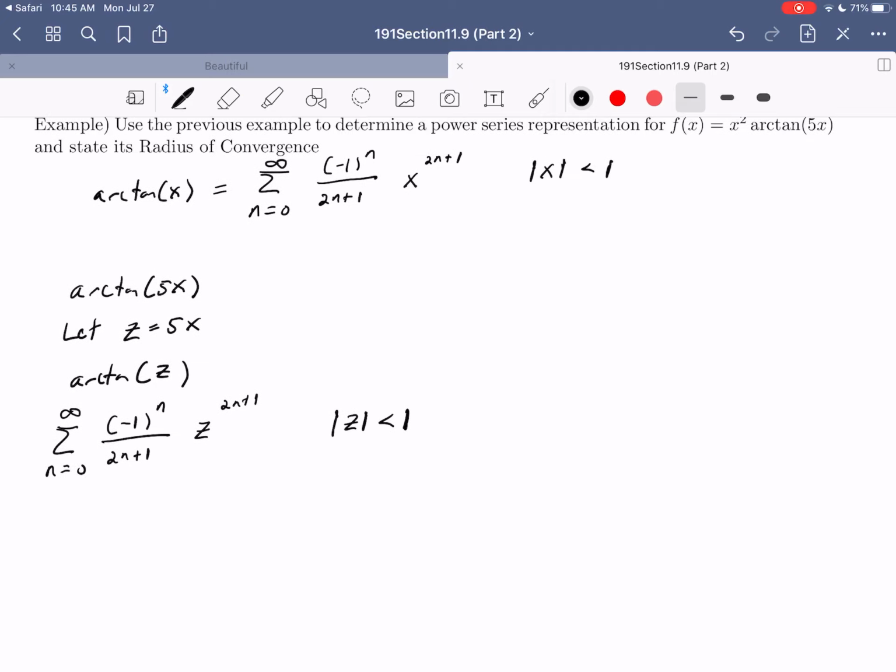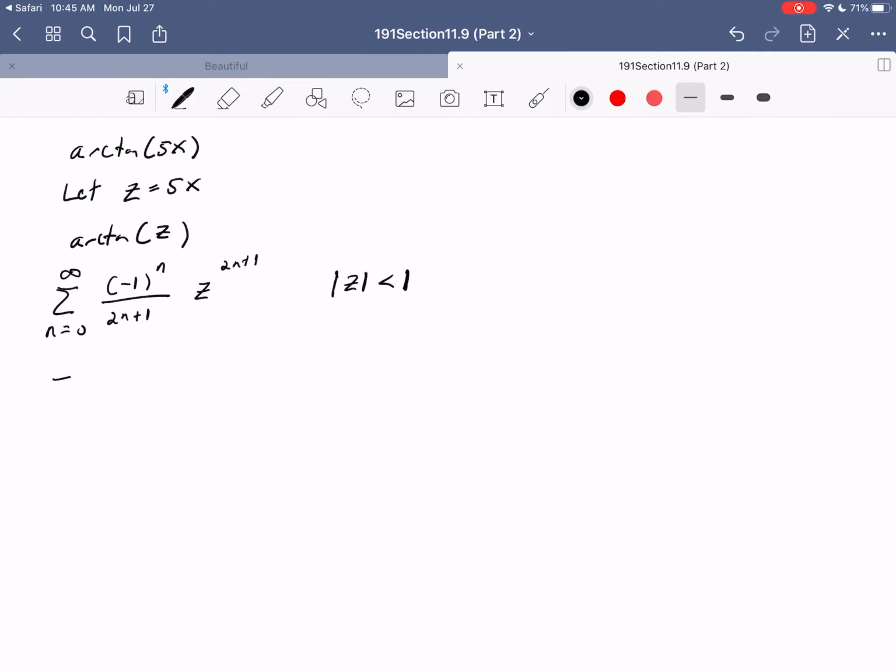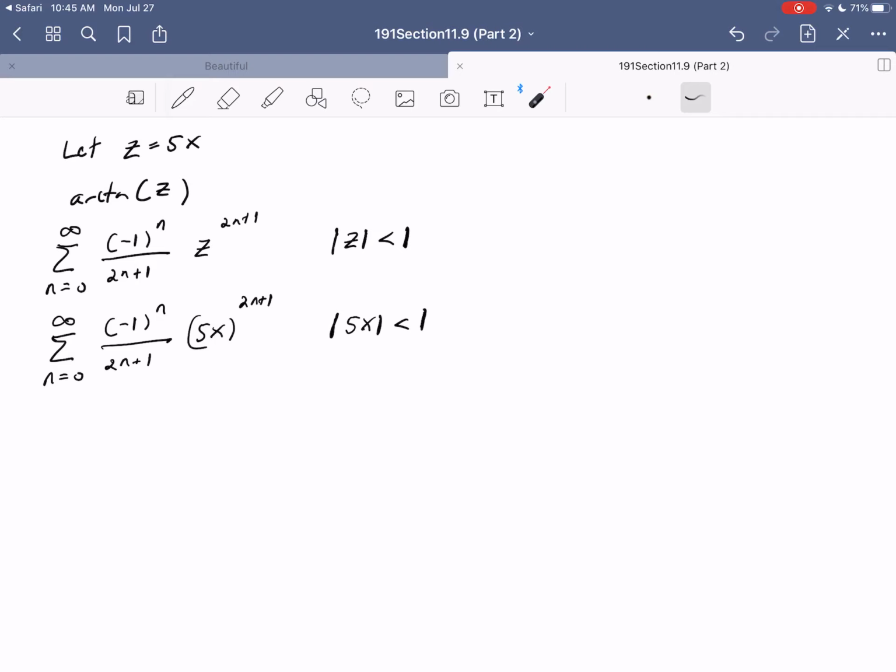All right, let's put that 5x back in there. So we have the sum from n equals 0 to infinity of (-1)^n over 2n plus 1, (5x) to the 2n plus 1, as long as the absolute value of 5x is less than 1. Can we rewrite this a little more nicely? Sure, we can apply the 2n plus 1 to the 5 and to the x.